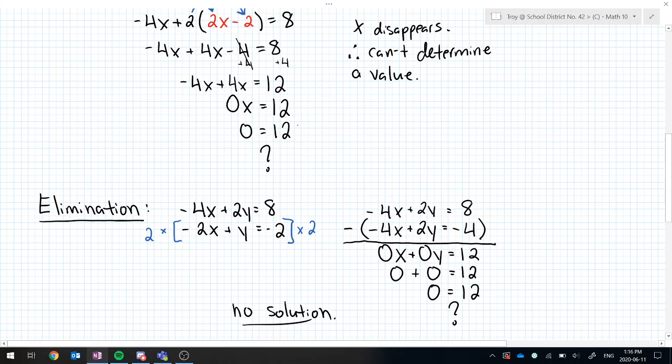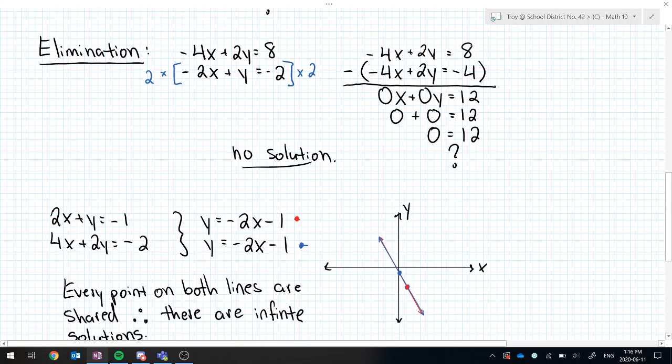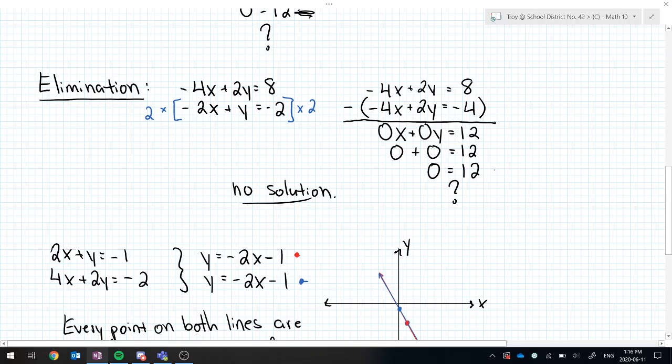And what I mean here is this point, at the very end. We have 0 equals 12. Obviously, 0 is not equal to 12. Those are two very different numbers. And the same thing happened with elimination. We had 0 equals 12 here, another untrue statement. So although the variable canceled out, we were left with a statement that was not true.